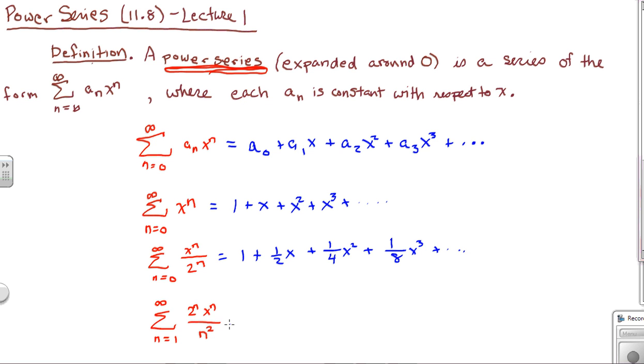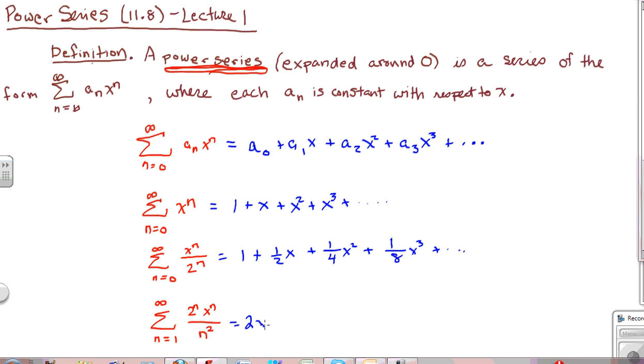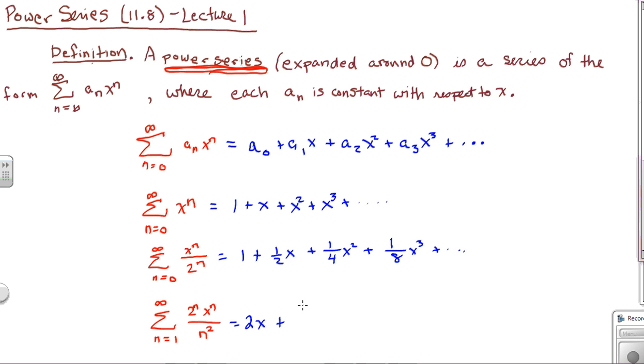And of course, this last one here is a power series that starts when n equals 1. Notice I'm starting at 1 here, partly because I can't divide by 0, right? When n equals 1, I have 2x, plus when n equals 2, I have 4 over 2 squared, which is 4, so that's just 1x squared.